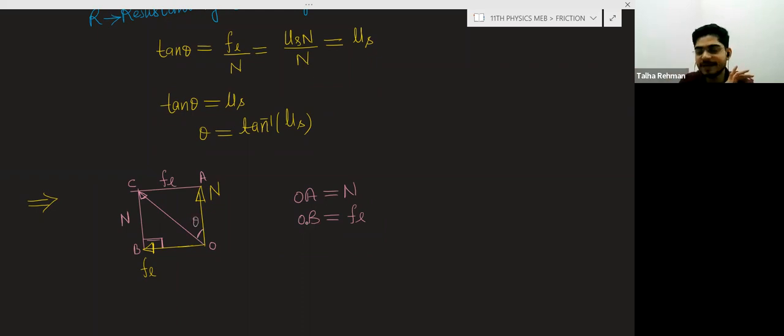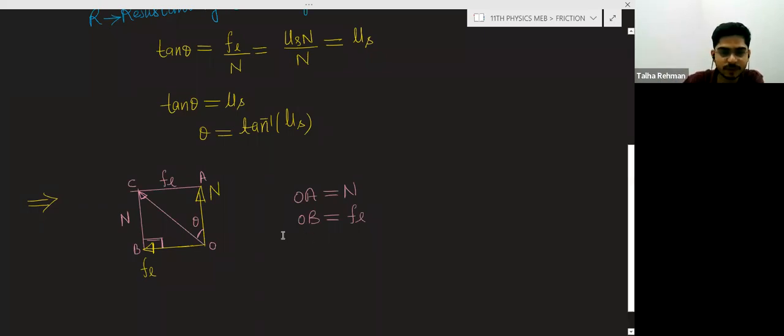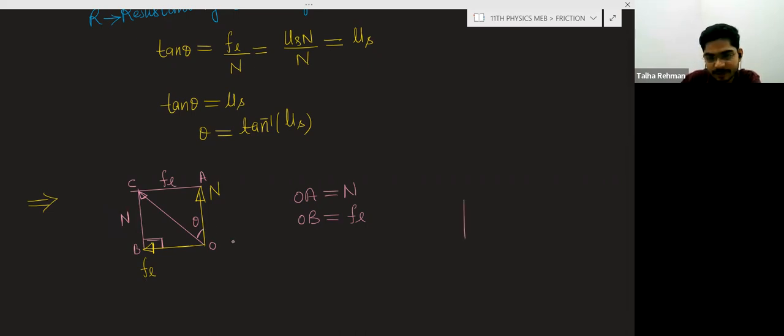Okay. So there are many ways to calculate this angle theta. If you will not do this and this, then also you can calculate this theta. So remember that in a triangle, if there is an angle theta, suppose this is a triangle A, and this is a right angle at B, and this is C. So this is theta.